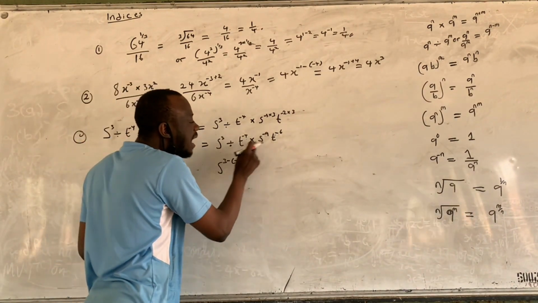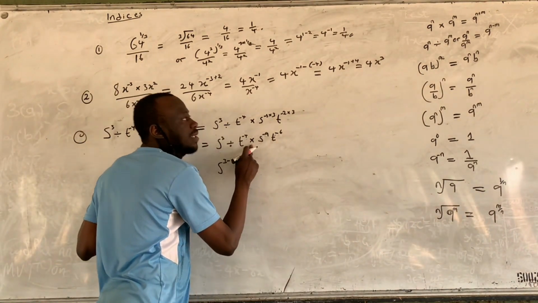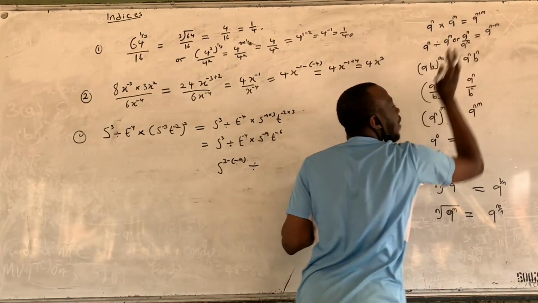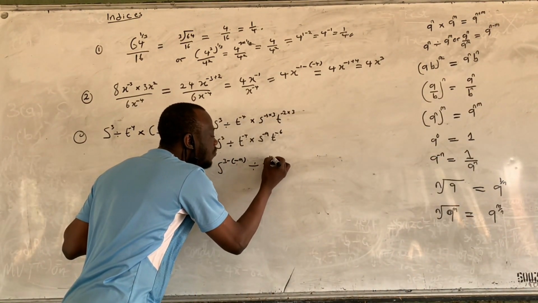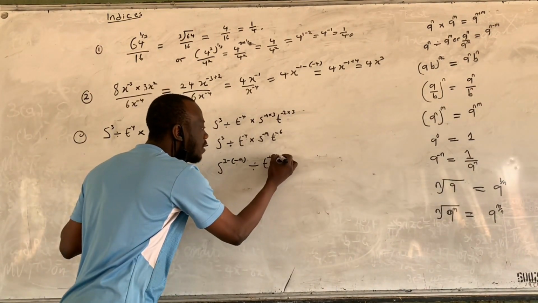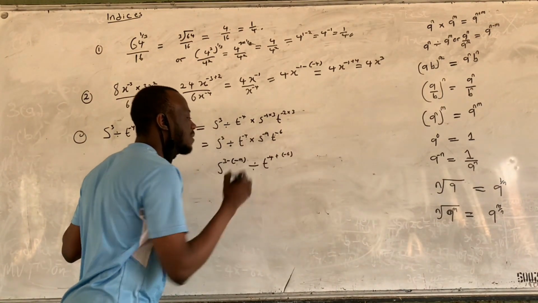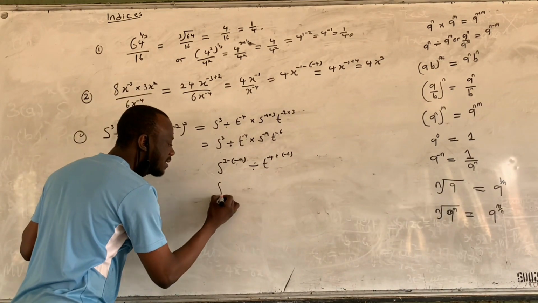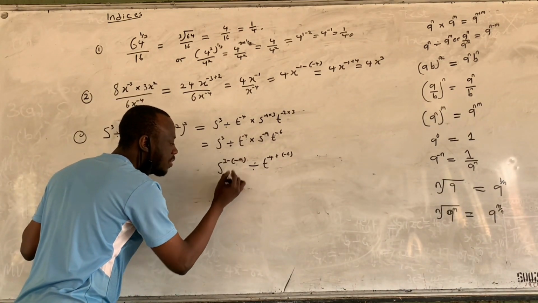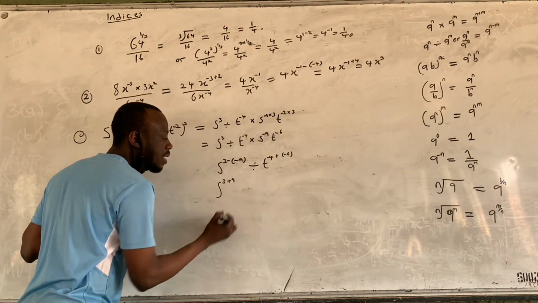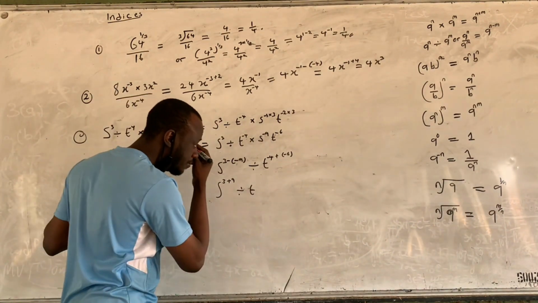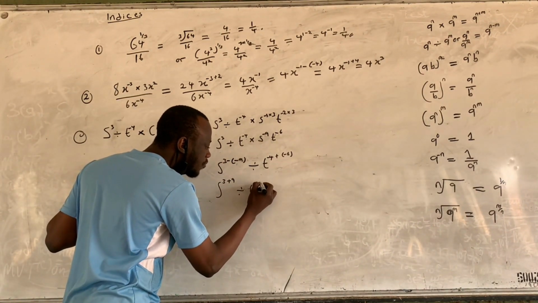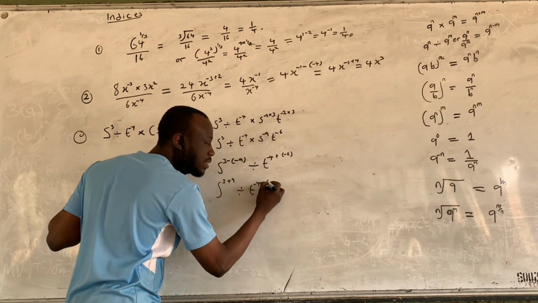Now, between this t and this t is a multiplication sign. The rule says we add the powers. Here we have t to the power of minus 4 plus minus 6. So we have s to the power of 3 minus minus 9 divided by t to the power of minus 4 plus minus 6.